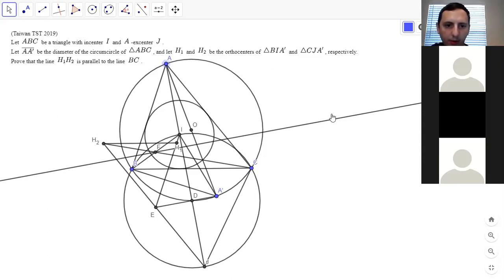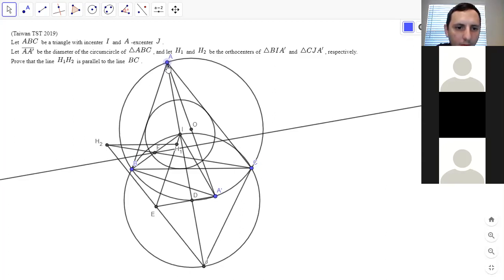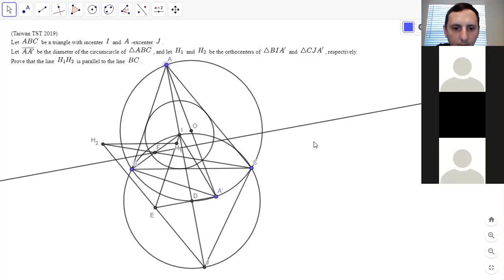So for any point on this line, we want to show that I, A'J, and that point with B and C are orthologic. J is the excenter of ABC.